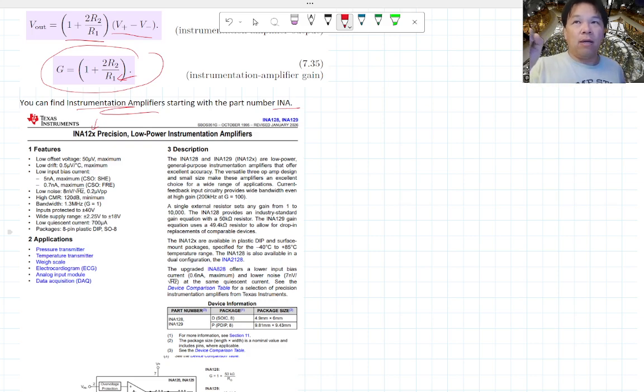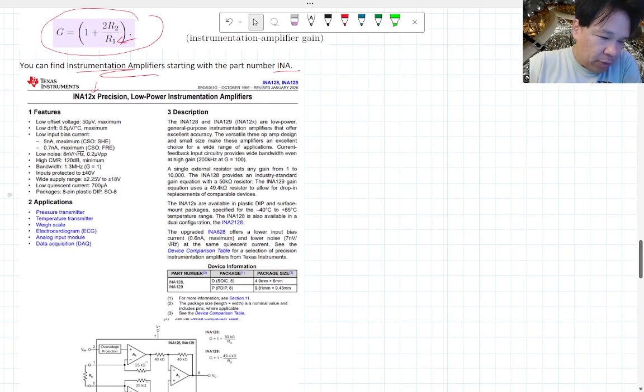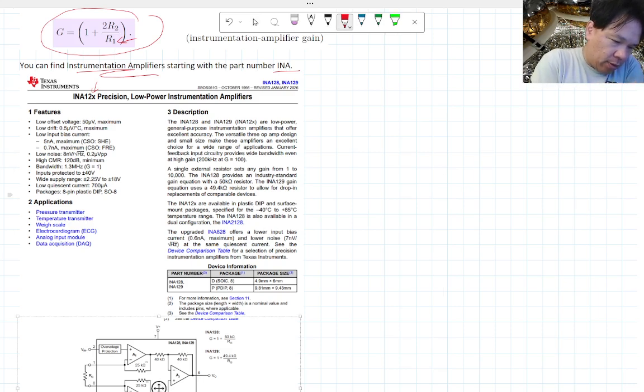It could be INA120, 121, 123, 124, and so on. This is a precise and low power amplifier. Some of the specifications you're going to see here are some low offset voltage and small bias voltage.